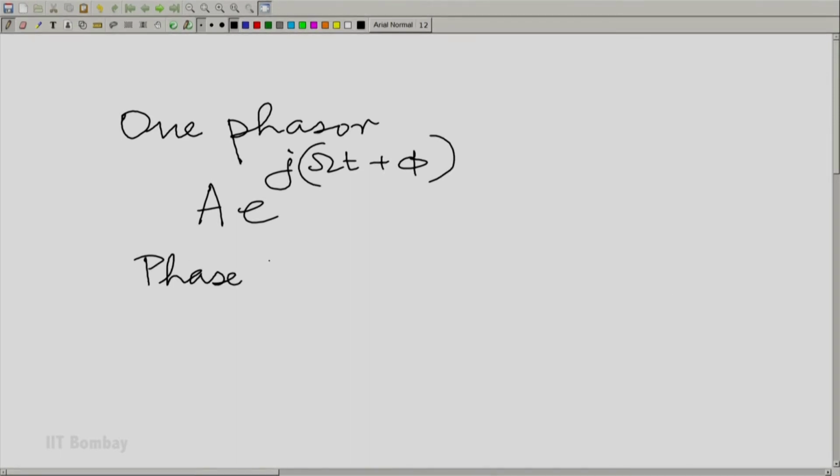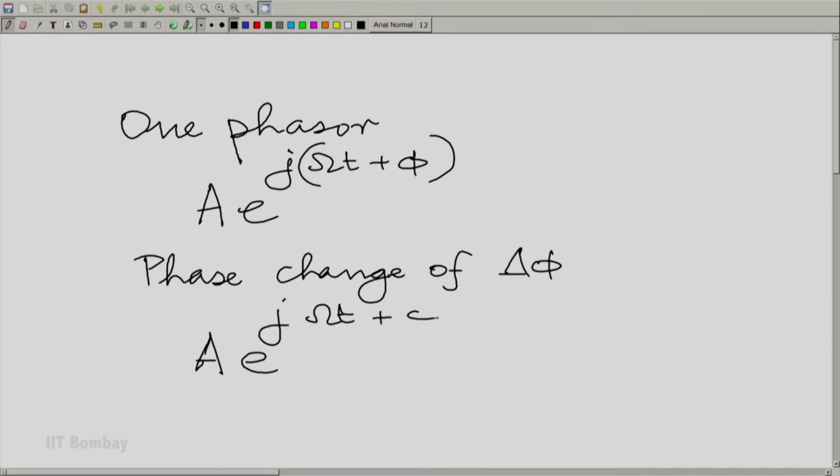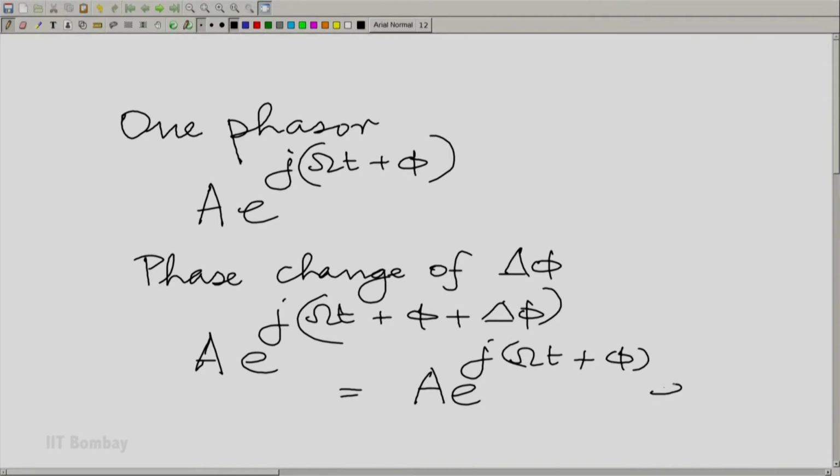Now, let us make a phase change of delta phi, which means we have A e raised to the power j(omega t plus phi plus delta phi). Now, this can be rewritten as A e raised to the power j(omega t plus phi) multiplied by e raised to the power j delta phi. And this is the important thing.